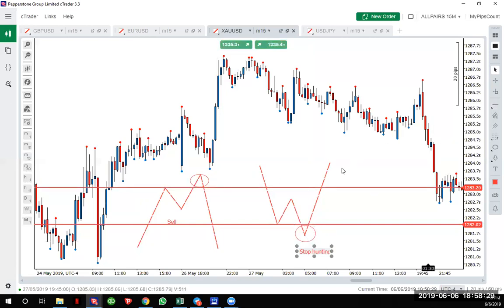Then the W, sorry, gives a buy setup. So the M setup gives you a sell, and the W gives you a buy, right? You look at these patterns and keep them etched in your brain. The M with the stop hunt, the W with the stop hunt, okay?